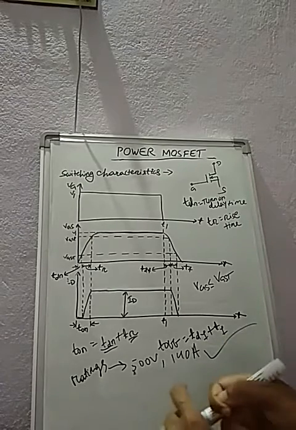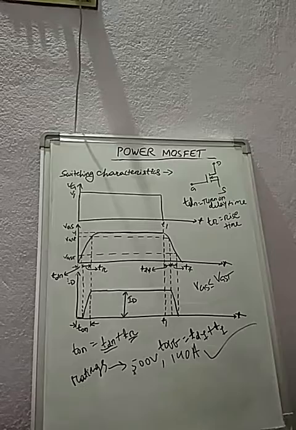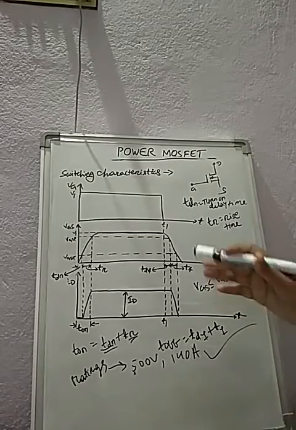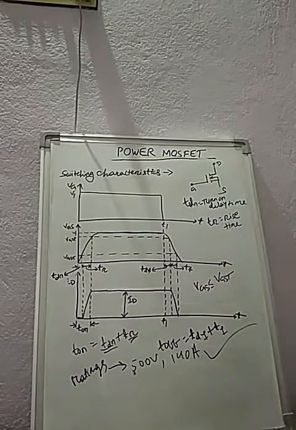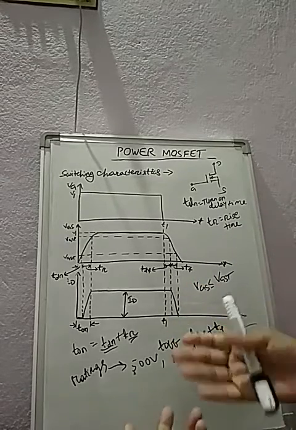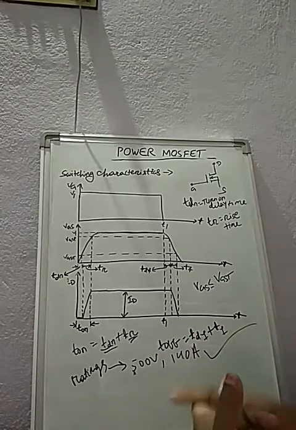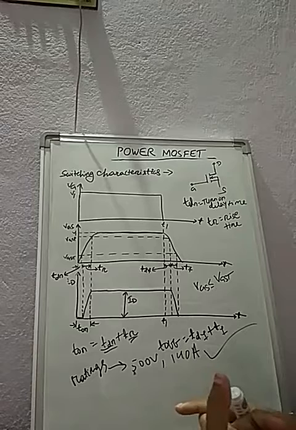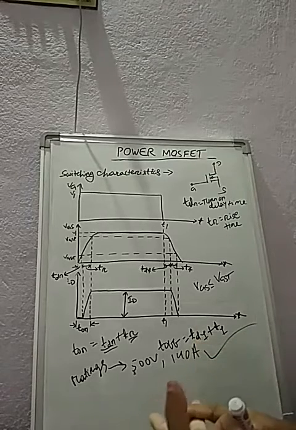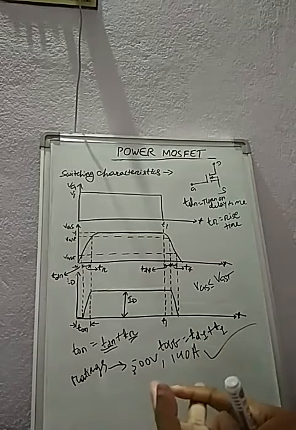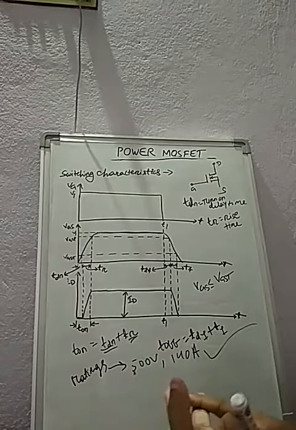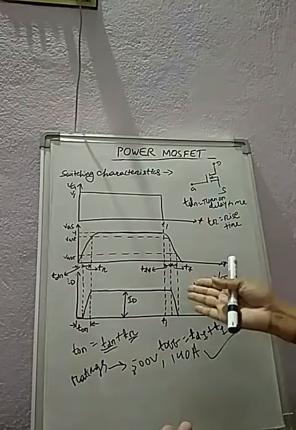Okay, so this is all about power MOSFET. We completed the power MOSFET portion. We completed the construction part for low power MOSFET and for high power MOSFET, then the static characteristics, that is the input and output characteristics, then the switching characteristics.